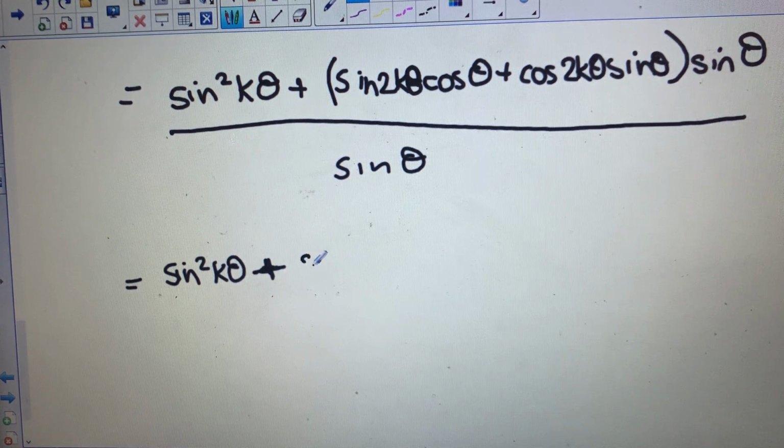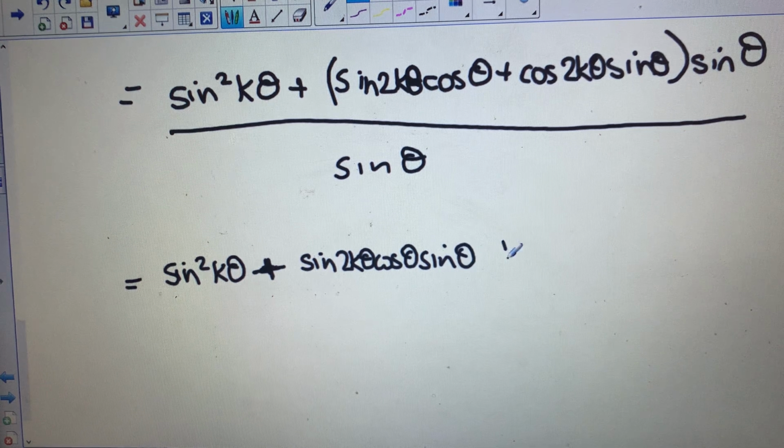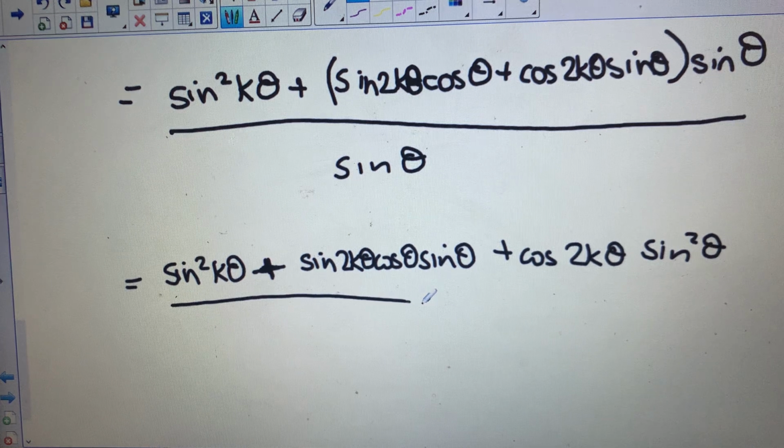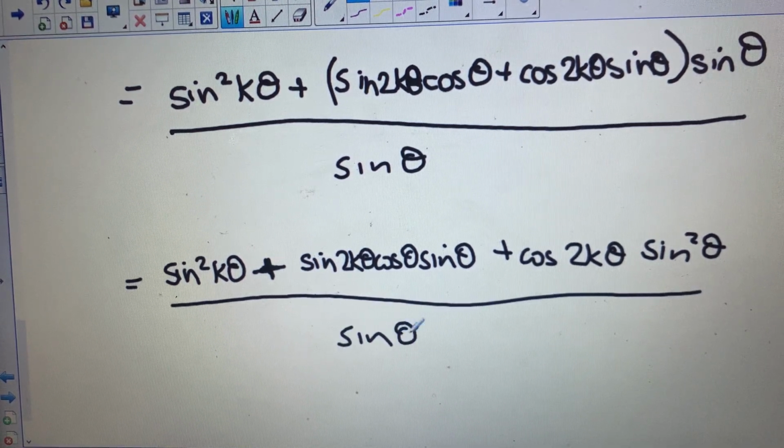So we're going to get sine 2k theta cos theta sine theta plus cos 2k theta sine squared theta. And that's all over sine theta. So hopefully you're still with me.